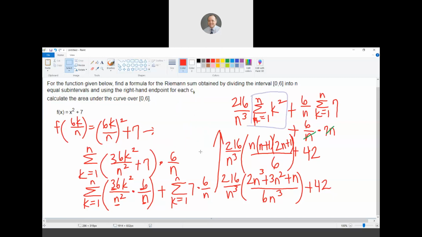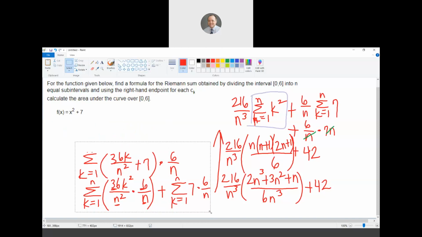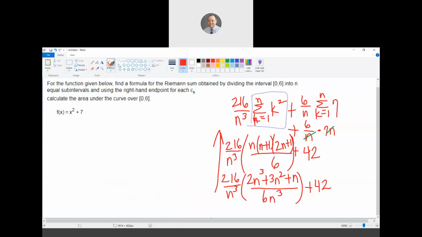Now we're going to multiply just a bit with the first part. We'll just multiply the denominators. So we have 216 times 2n cubed plus 3n squared plus n all over 6n to the 6th power plus 42.